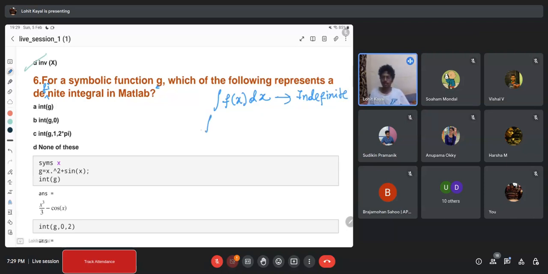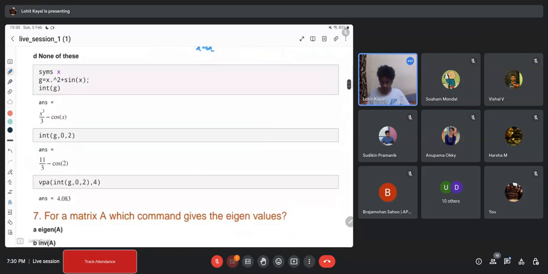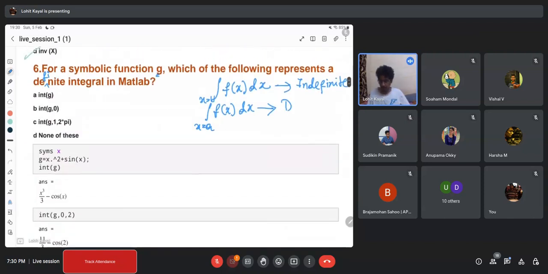Now when I put some limits on it, x equal to a to x equal to b, the integral of f of x dx, this is definite integration.